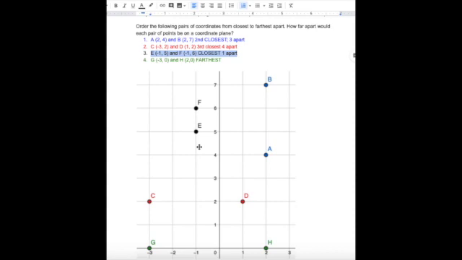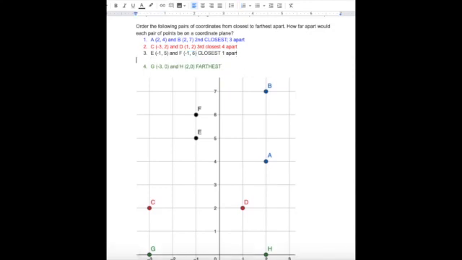And if I look at my ordered pairs, E is at negative 1, 5, and F is at negative 1, 6. So the Y value of F is 1 higher than E, and the X is the same. So it's vertically up 1 unit.